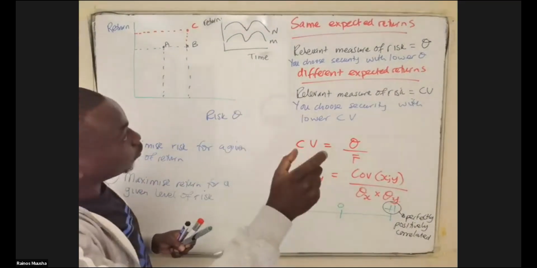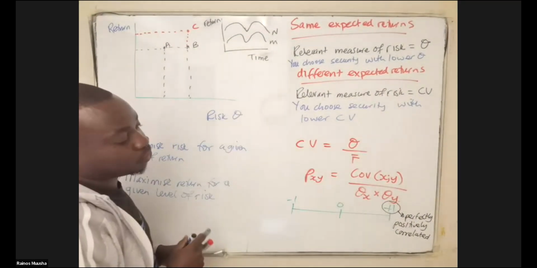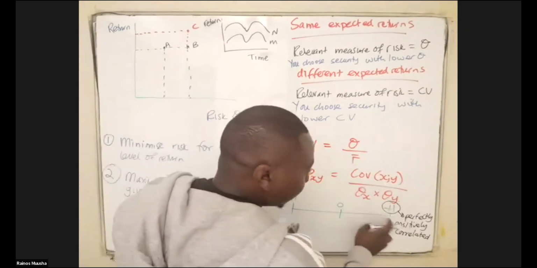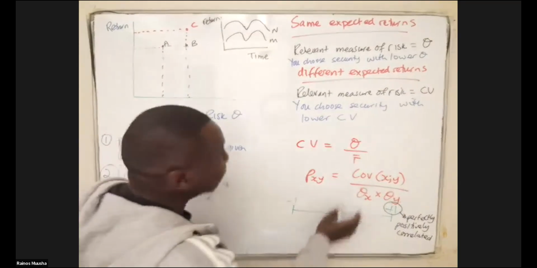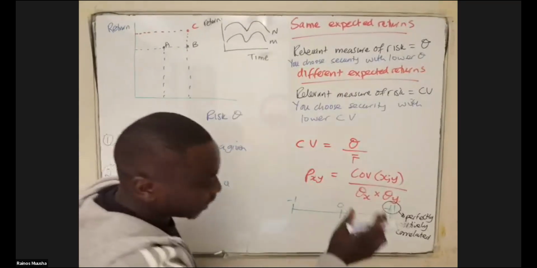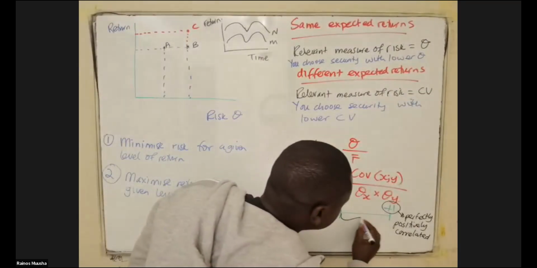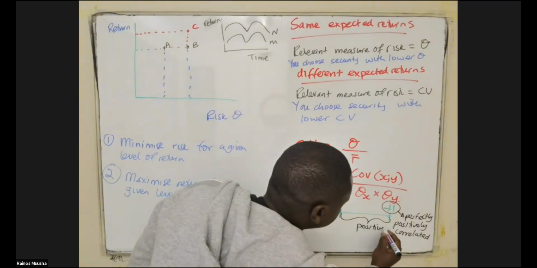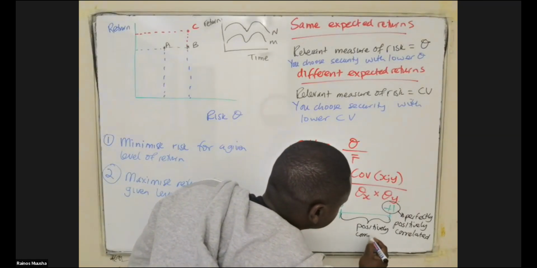When one goes up, the other one goes up. When one goes down, the other one goes down. Then when the securities have a positive correlation, but not necessarily moving exactly in the same direction, we say they are just generally positively correlated.